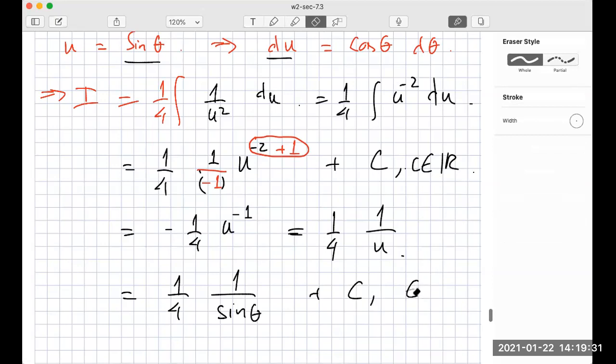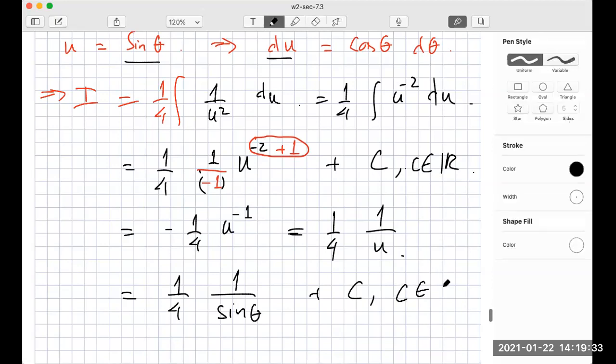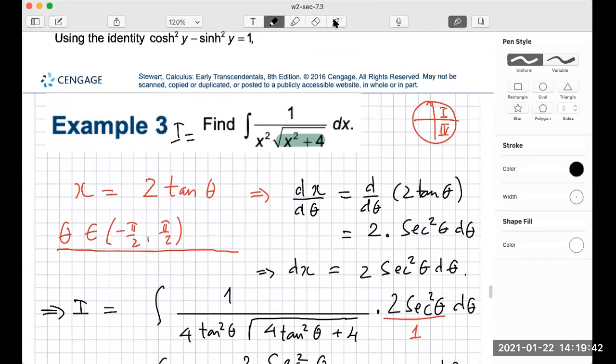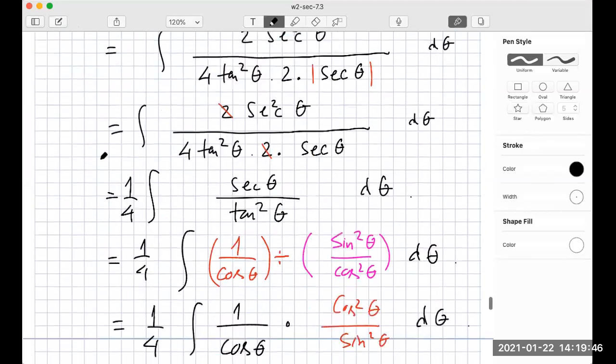Where c is a number. Are we done? No, yeah, it's a long question, right? So remember here, we define x is 2 tan theta.